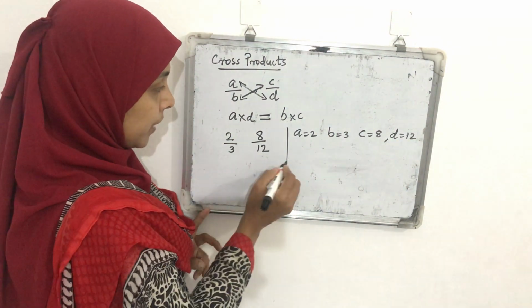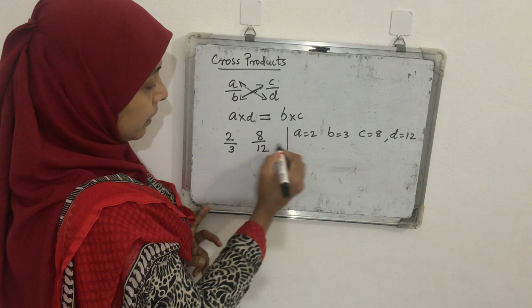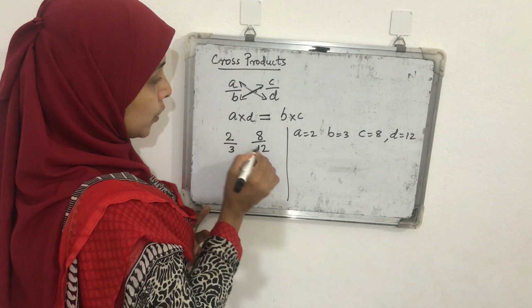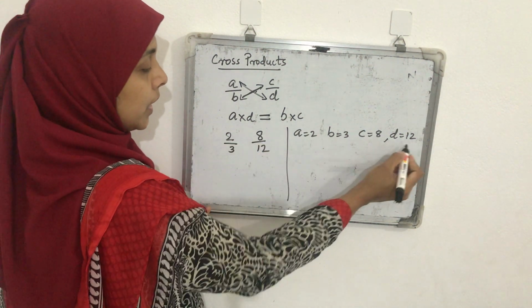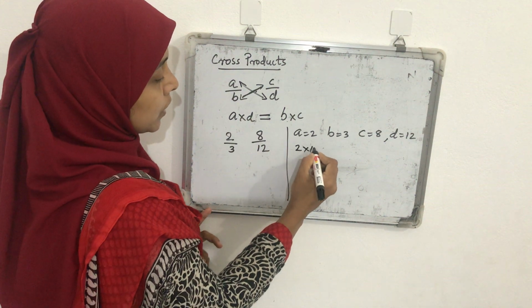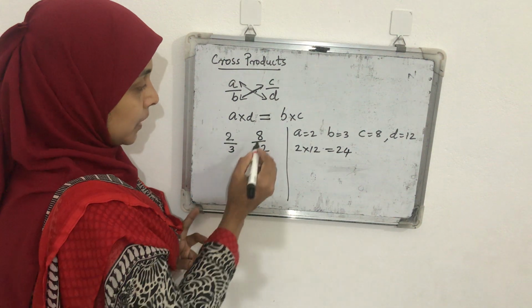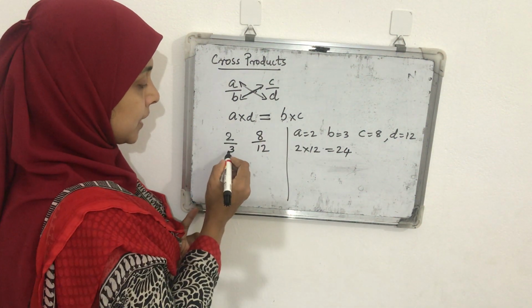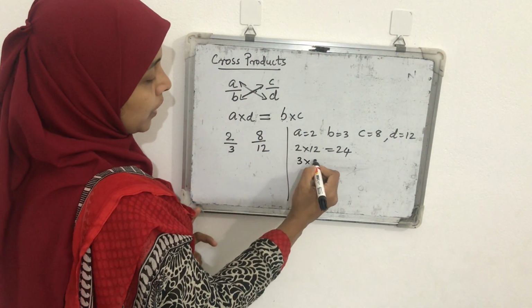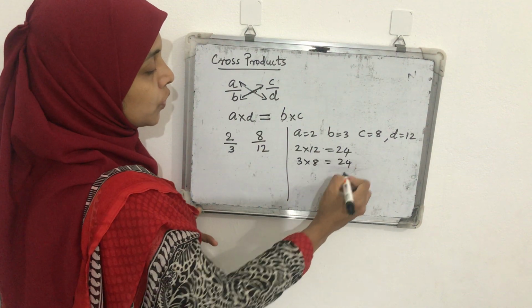Now we find the cross product a into d. That will be 2 into 12. A is 2, d is 12. So 2 into 12, what did we get? 24. Just like b into c. B is 3. 3 into 8, that also we got 24.